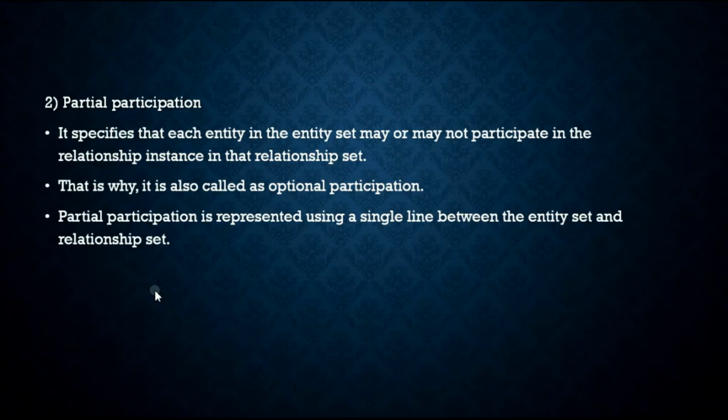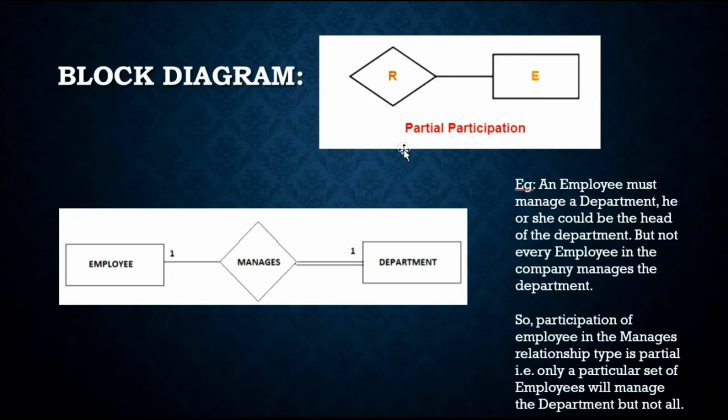The participation involved is partial and it is a may or may not case. Partial participation, when represented in an ER diagram, is represented using a single line between the entity set and the relationship set. The block diagram for the same helps us understand how it is to be visualized with a single line.